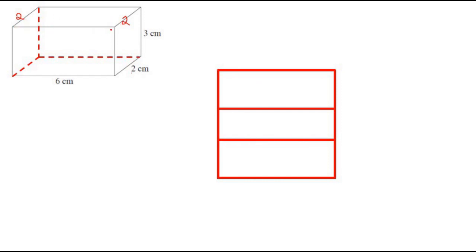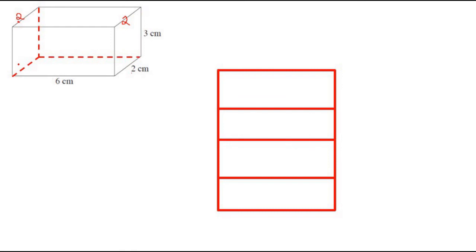And we know this is 6 centimeters, so that will be already here on this side, but you will need the extra 6 centimeters at the bottom. So we draw the 2 centimeters, which is this side, with the 2 centimeters on the other side, which is here, and again with your ruler making sure that's 6 centimeters.